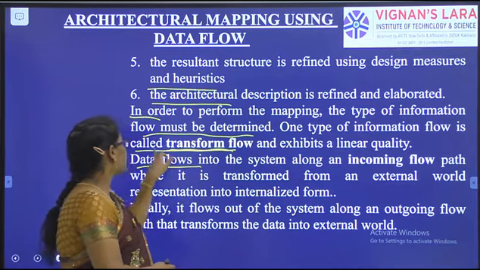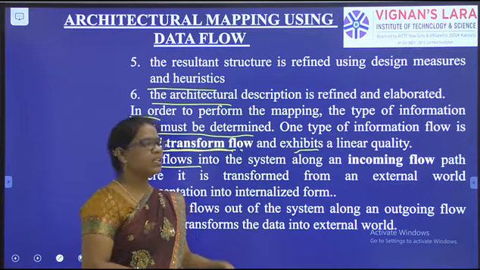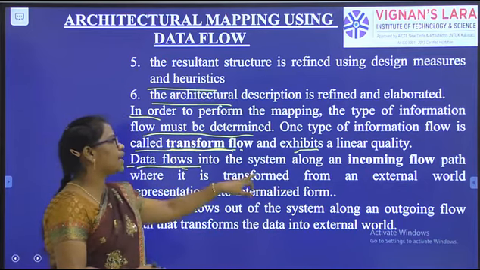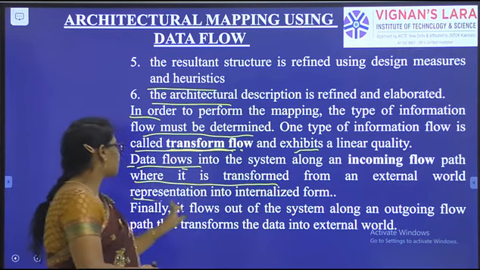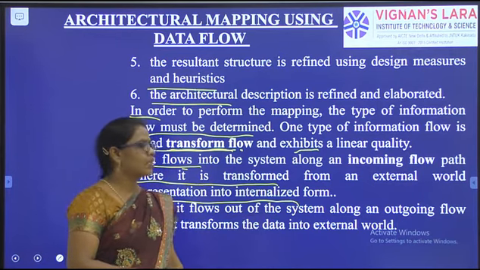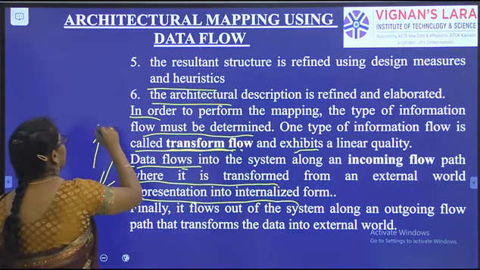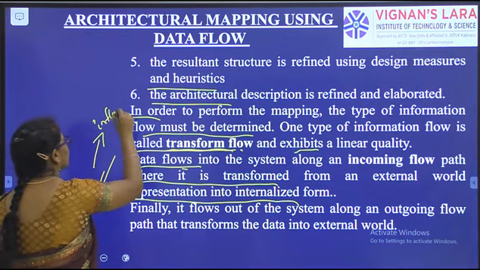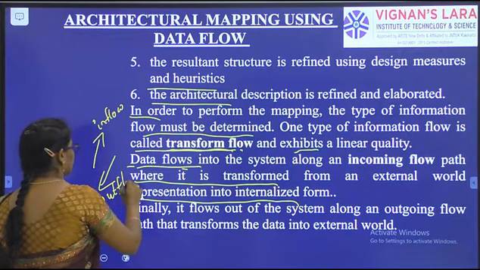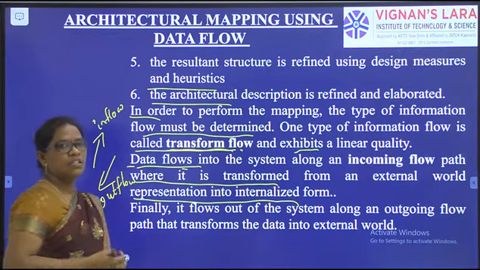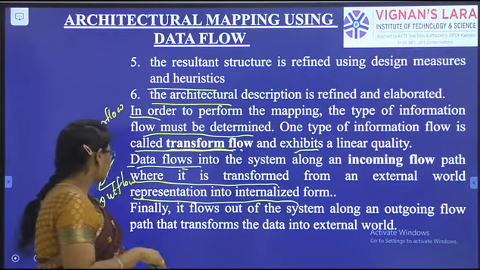One type of information flow is called a transform flow, and it exhibits linear quality. Data flows into the system along an incoming flow path, where it is transformed from an external world representation into an internalized form. That means we are using some arrows. One is the inflow, which is nothing but the incoming flow. One is the outflow, the outgoing flow. That is the transformation of the data from one point to another point.